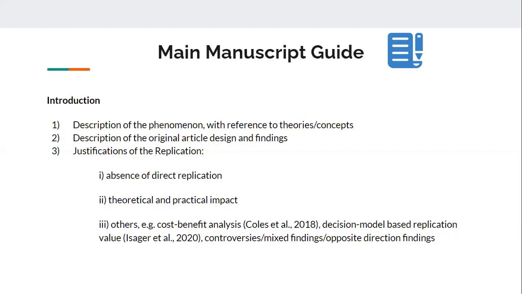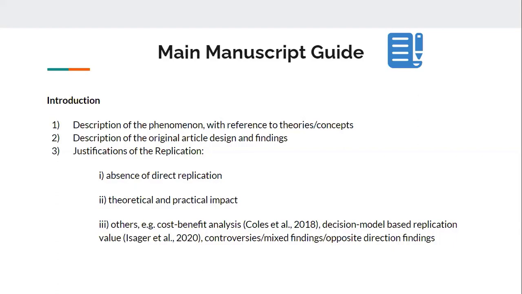You may also consider the replication value decision model, which is based on the value of being certain about an effect or claim, and the certainty of the phenomenon or claim given the available evidence that we currently have. So for some articles you replicate, there may be follow-up controversies, mixed findings, low findings, or even findings in opposite directions.